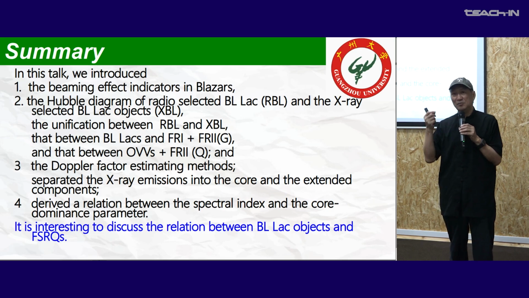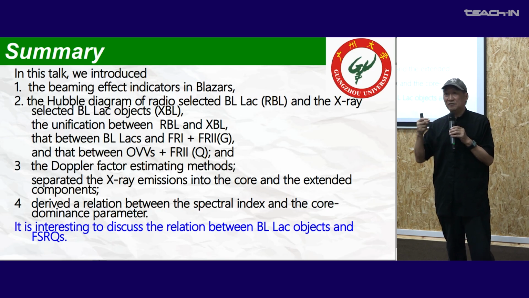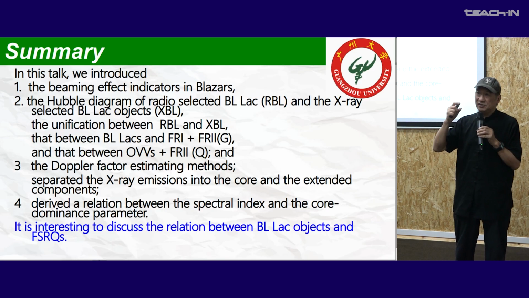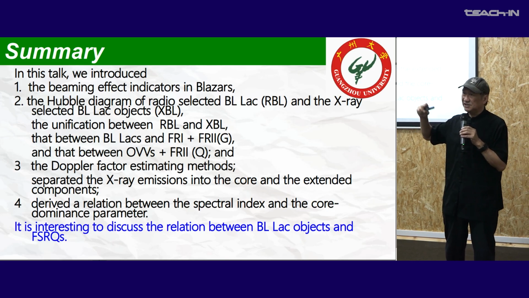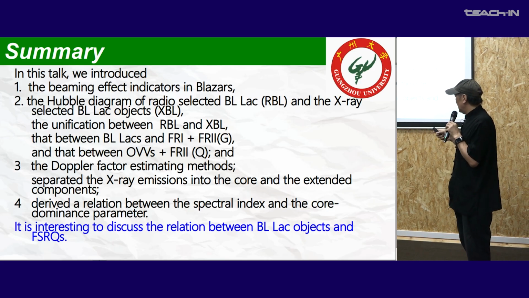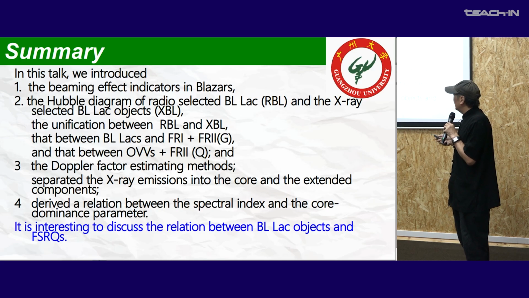But if we get the Doppler factor, we get the intrinsic magnitude. We found that the intrinsic RBL and XBL follow the same Hubble relation. We also proposed that RBL and XBL are unified, and that the blazar objects with alpha 1 and alpha 2 galaxies are unified.